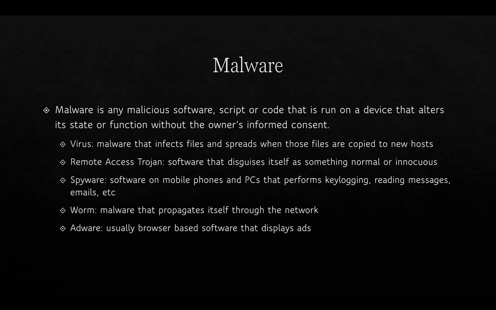A worm is malware that propagates itself through the network. Normally we get terms like worms and viruses and malware all conflated and used interchangeably, so it's worth remembering that they have specific definitions when we're dealing with cybersecurity.